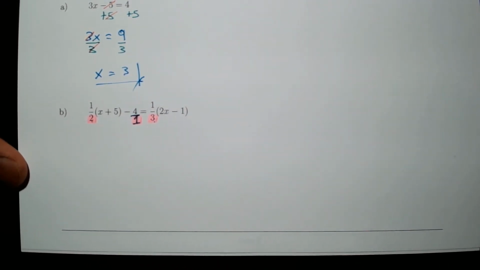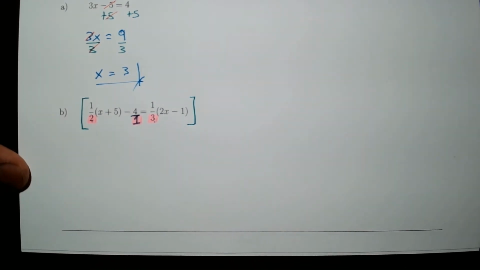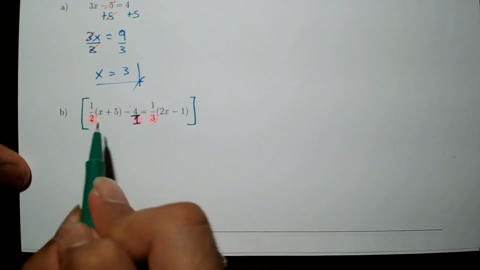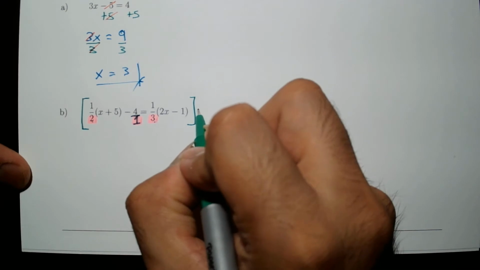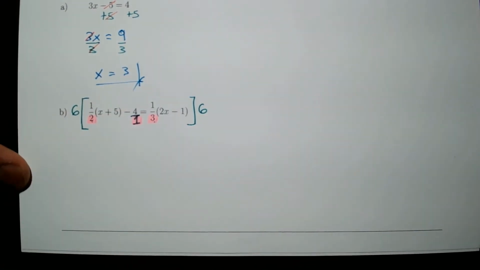So in this case, we are going to multiply both sides of the equation by a number that divides out both the 2 and the 3. That is the product of the 2, in this case, 6.